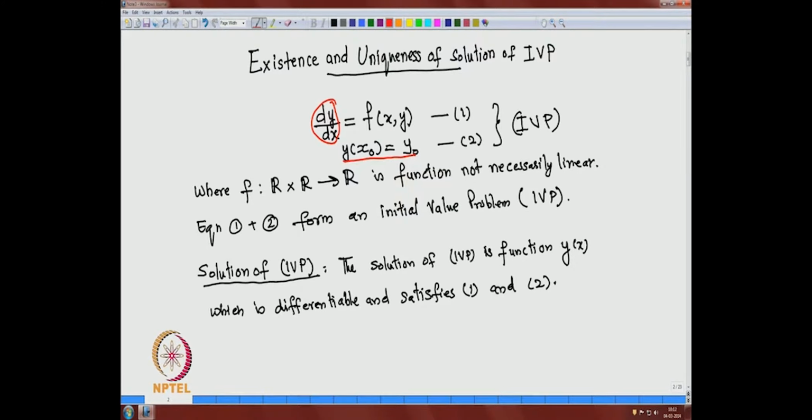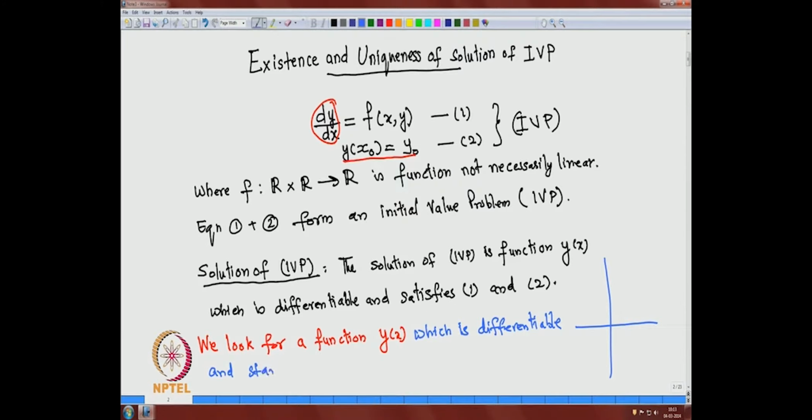In other words, we look for a function y(x) which is differentiable and starts from the initial point (x0, y0).